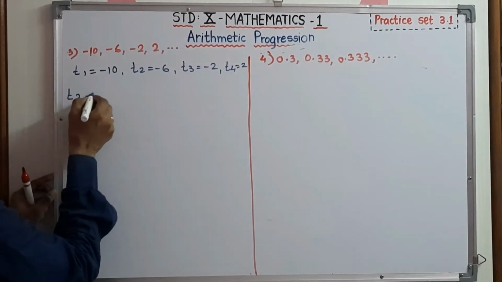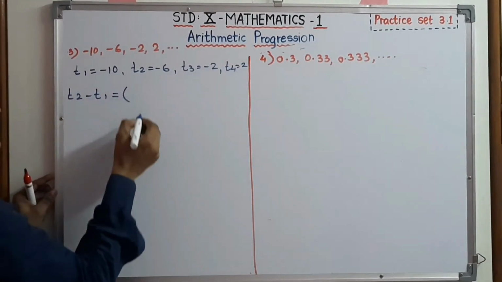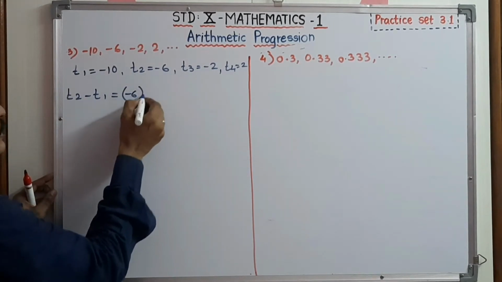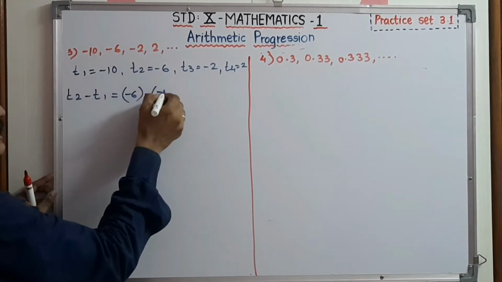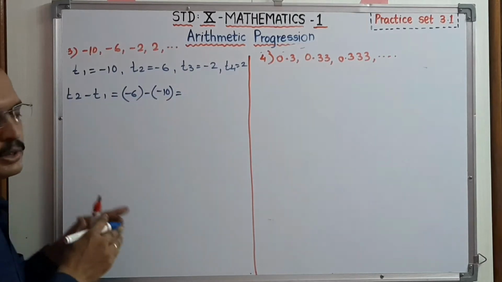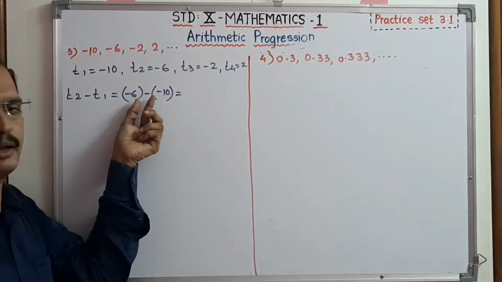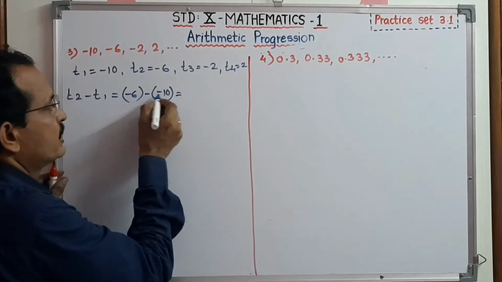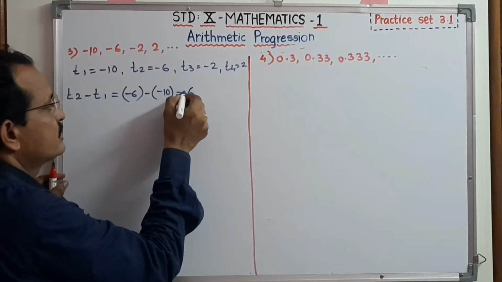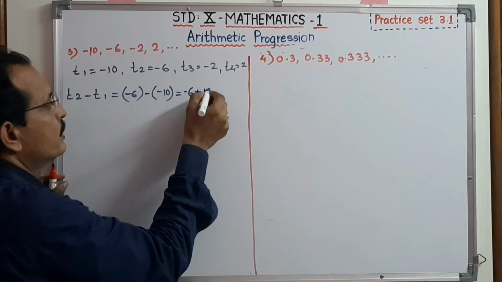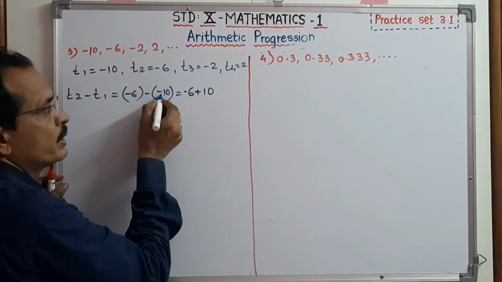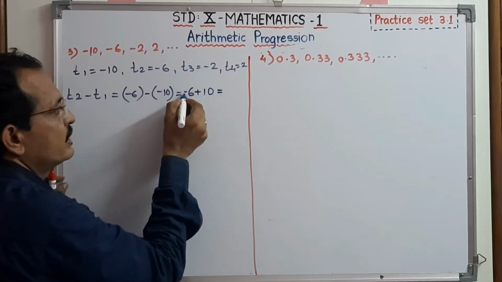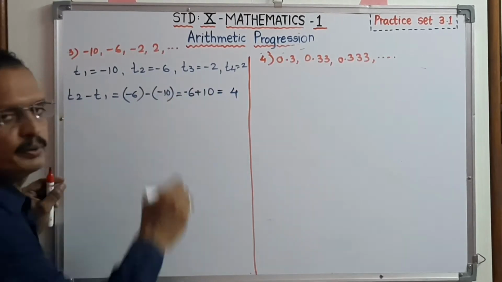Now t2 minus t1. t2 is minus 6 minus t1 is minus 10. I told you to use the bracket, that will be easy to solve. It is minus 6 minus minus 10, this minus minus will become plus 10, and it is minus 6 plus 10, it is 4.